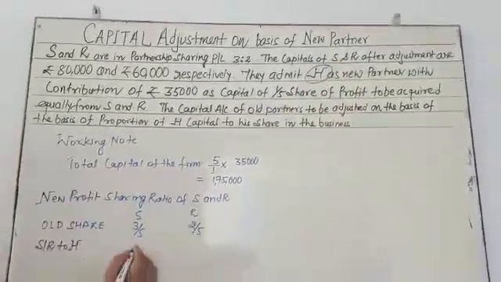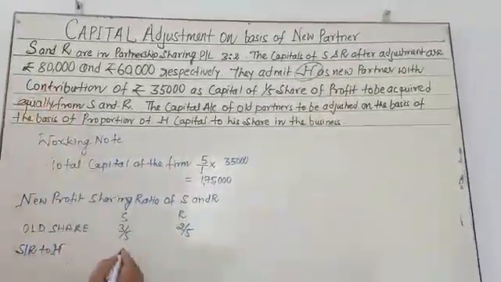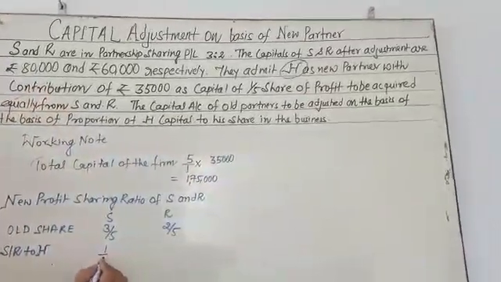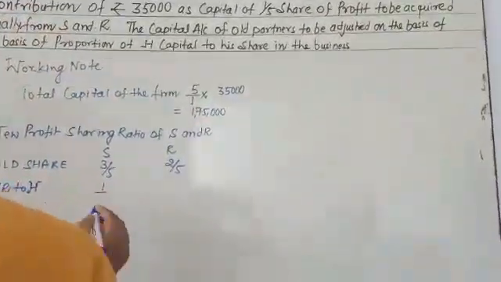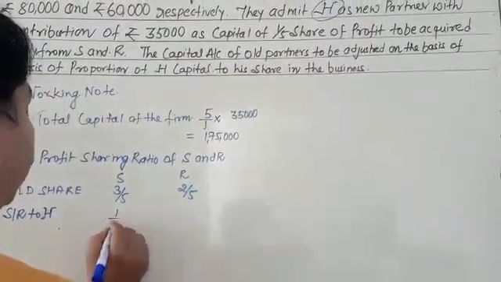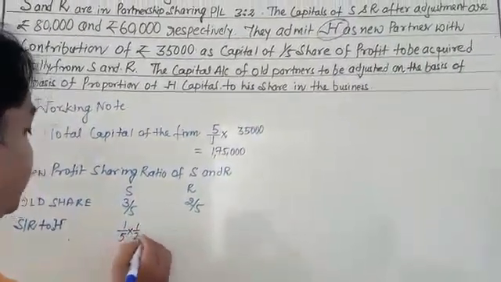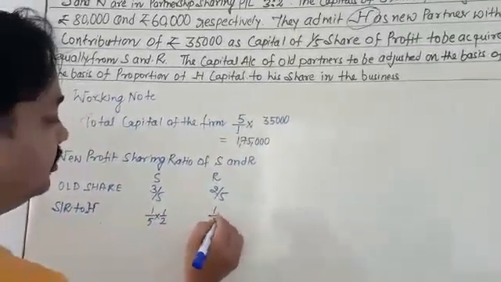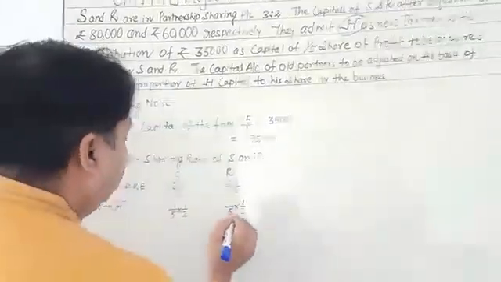Towards H equally means 1/2. It means you have to calculate 1/5 multiplied by 2.